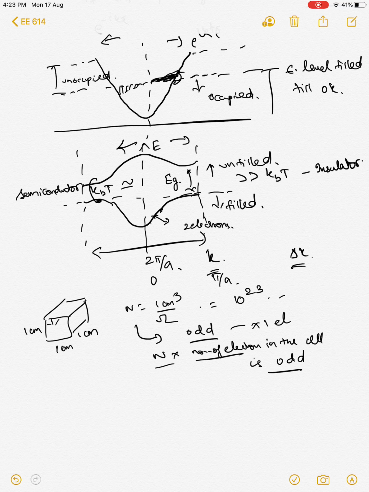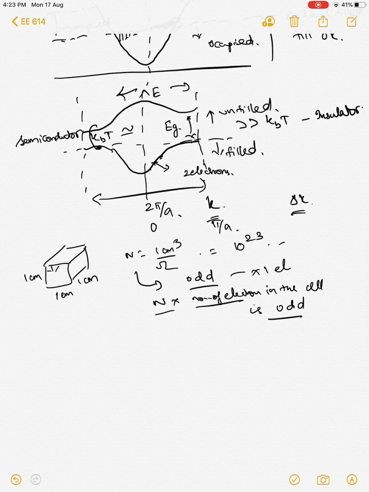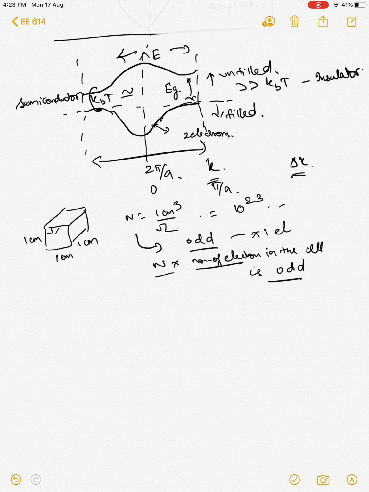We also saw, when we studied lattices and their structure, that if you have a lattice with a motif, elements like silicon, gallium arsenide, gallium nitride, germanium, and so on crystallize in the structure of 2 interpenetrating FCCs. Do you remember this? There are many such materials which crystallize as FCC with a motif.